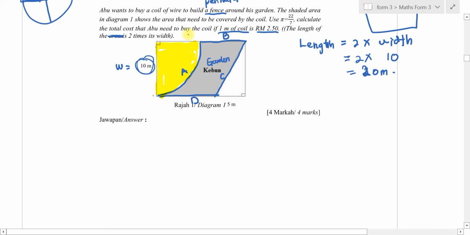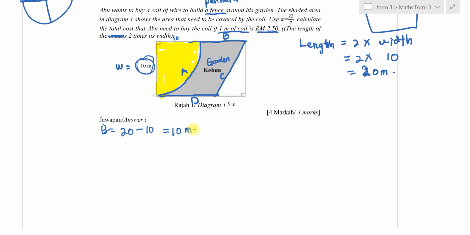If here is 10, then here also 10, it should be the radius. So B is 20 minus 10, so you get 10 meter.